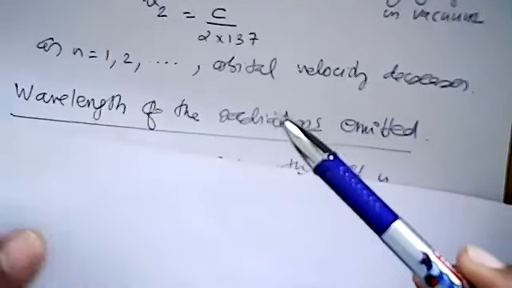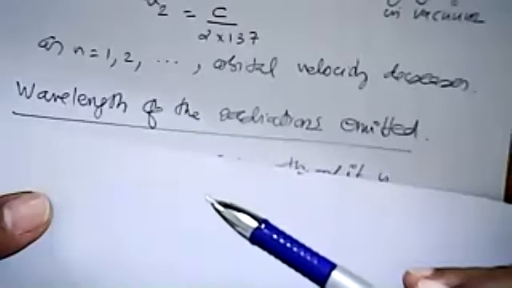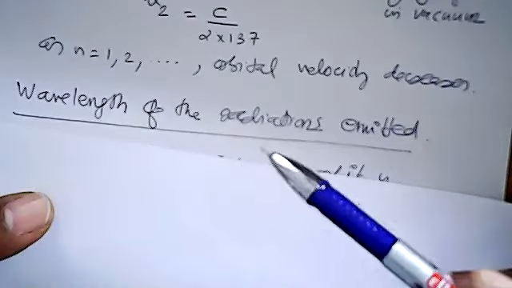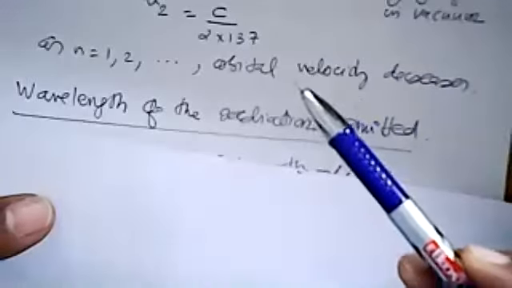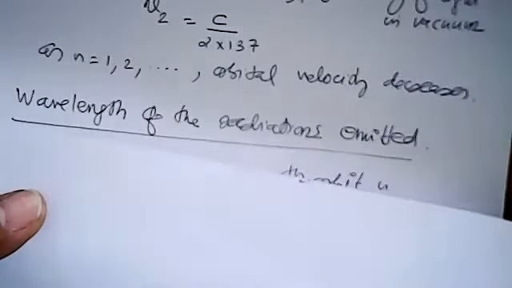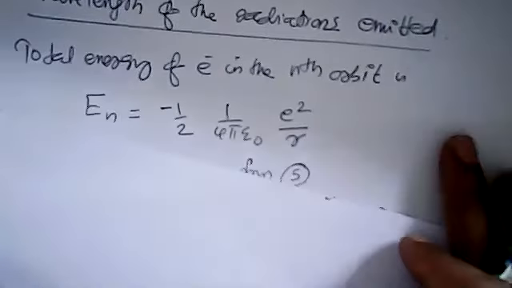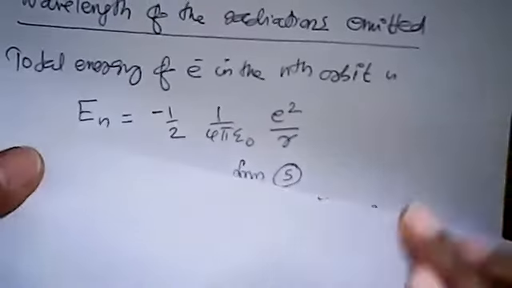For that, we know that the difference in energy is radiated as electromagnetic radiation. So we need to calculate the total energy of the electron in an orbit, not the kinetic, not the potential, but the total energy in each orbit. This we have already calculated.